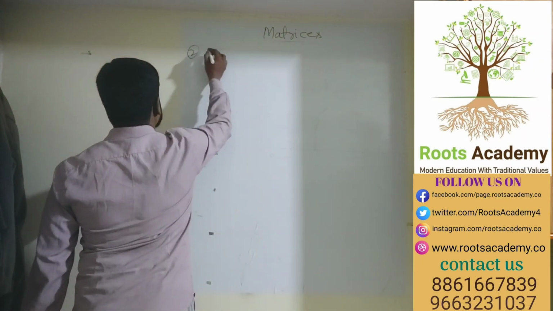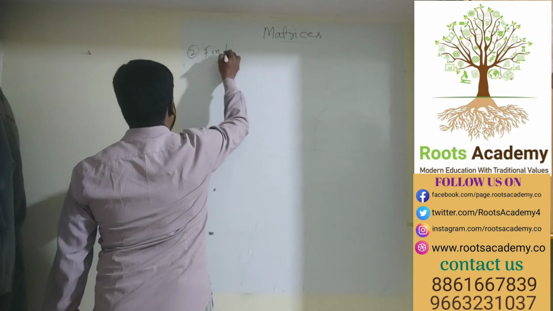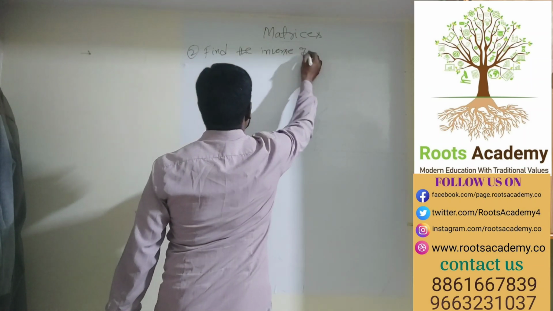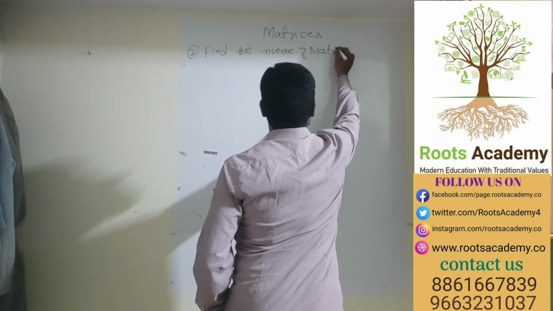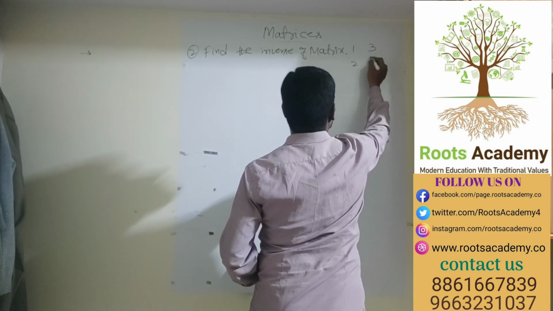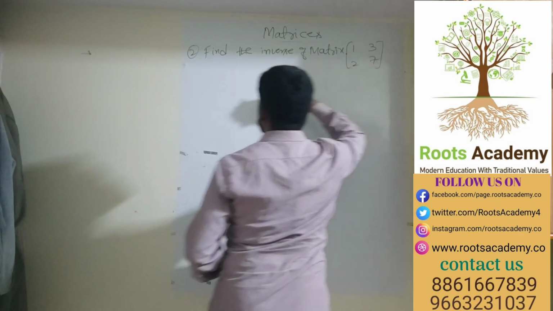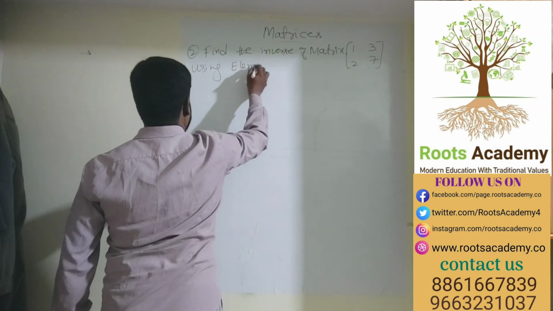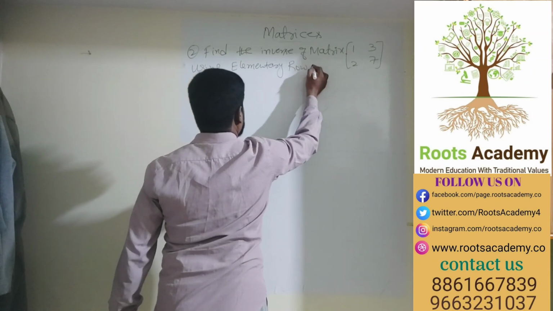Second problem is find the inverse of matrix 1 3 2 7 using elementary row operation.